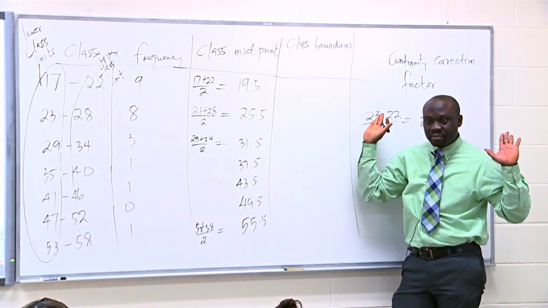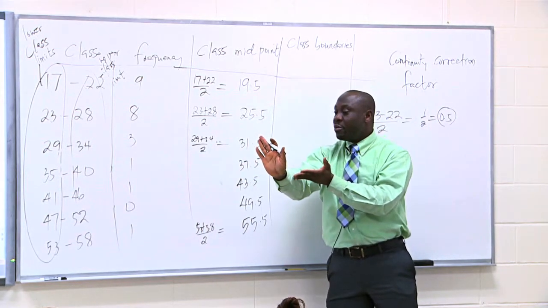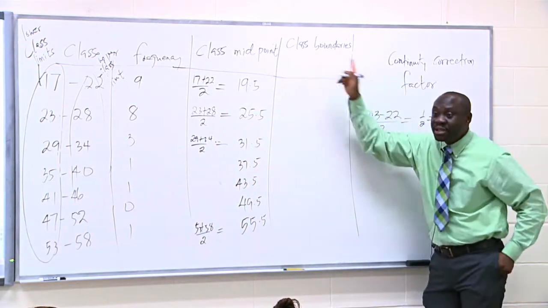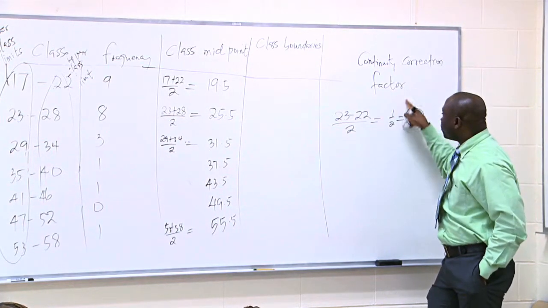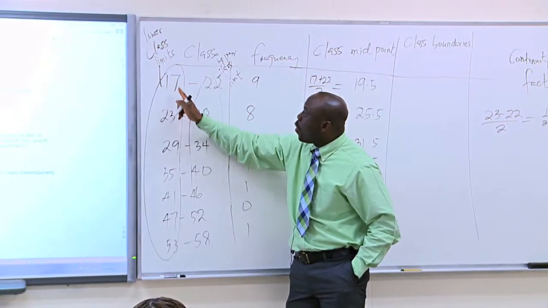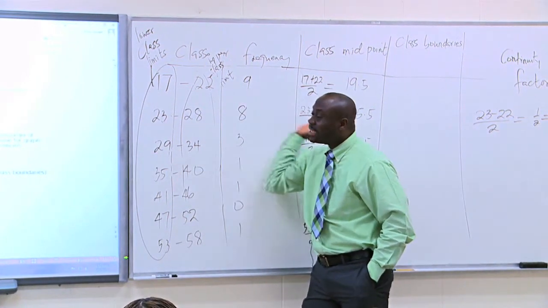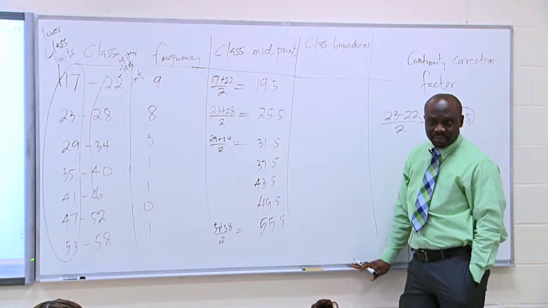We're looking for class boundaries. And the question is, how do we get to the class boundaries? Take a moment. Before you find class boundaries, one must know the continuity correction factor. And as soon as you find the continuity correction factor, you can then deduct that from all the lower limits and add the same number to all the upper limits, and that gives you the class boundaries.